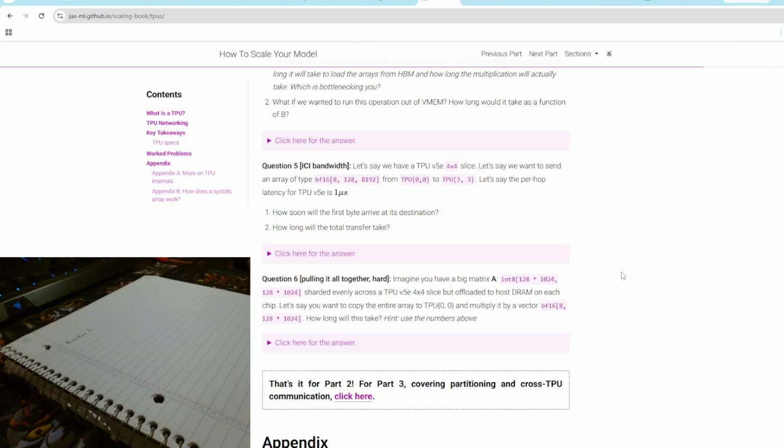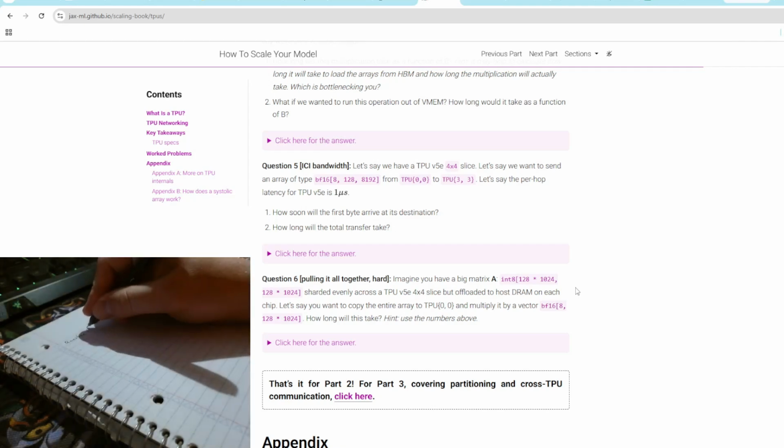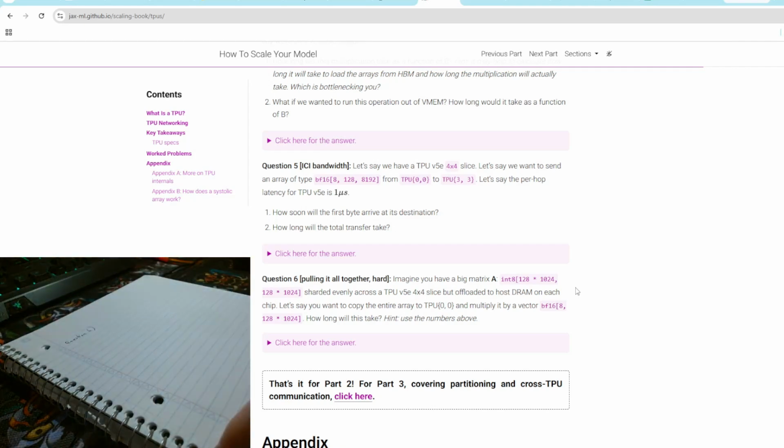So you're not really doing any interchip interconnect, right? It looks like you need the time to go from DRAM to HBM and HBM to one chip, and then the amount of time to multiply this vector by this matrix A. So let's write that down. We'll see if this hypothesis is right first.